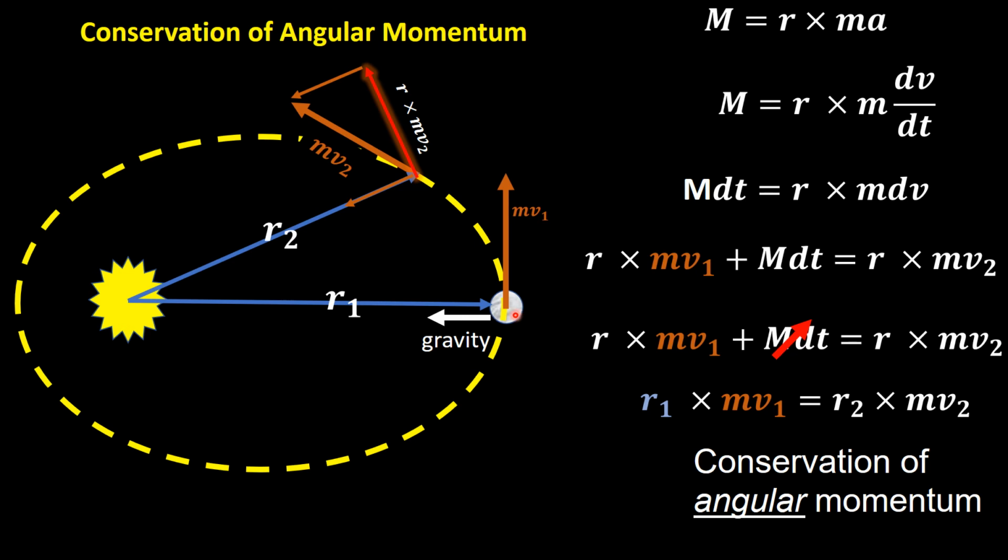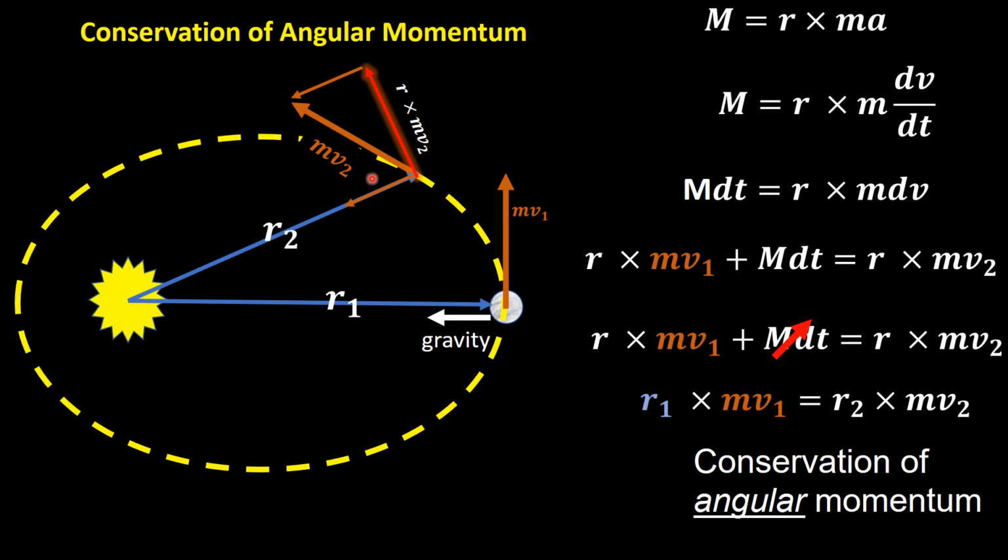What if we're not at the apogee or the perigee of this thing? What if we're at some random position? This R cross MV, it's a cross product, just like our moment, R cross MA, R cross MV. So if we're over here where our velocity is not perpendicular to that position vector, we're still going to be tangent to that curve.